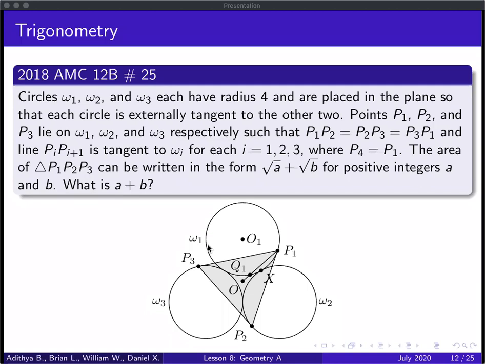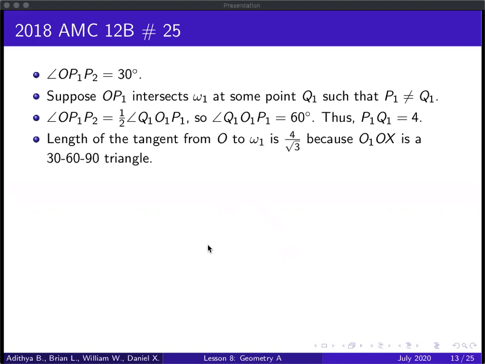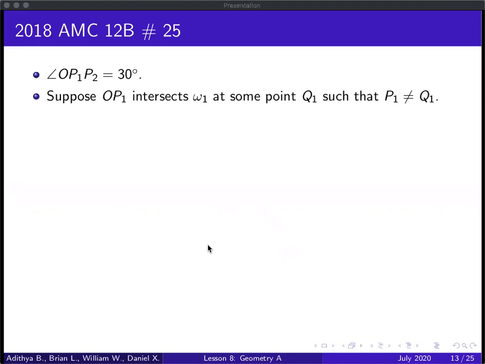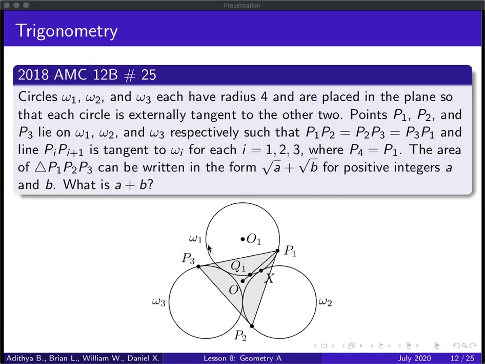If we let OP1 equal x, the power of a point is supposed to be OQ1 times OP1, which is just (x minus 4) times x. But we need another relationship so that we can actually solve for the value of x.